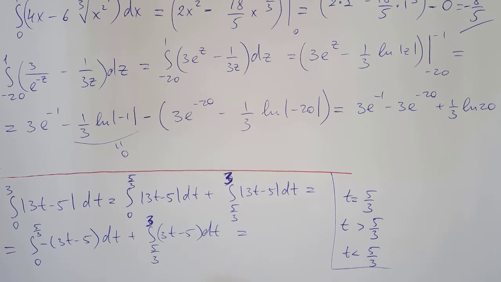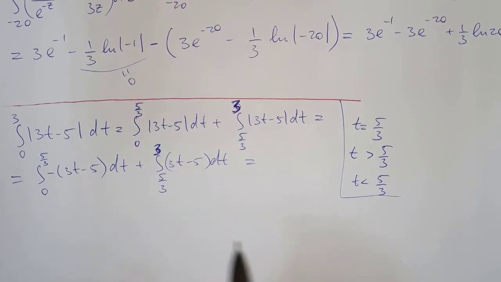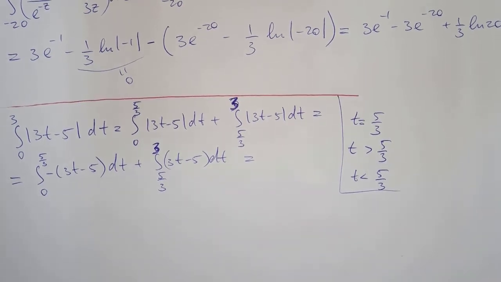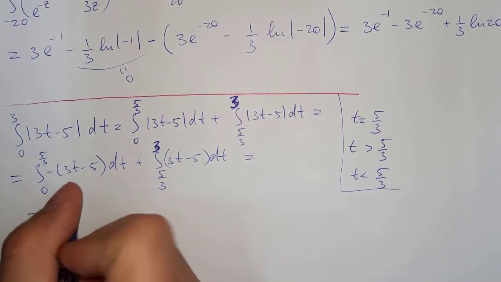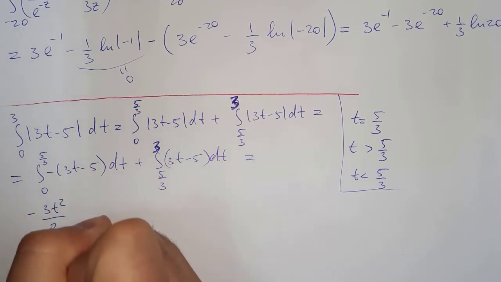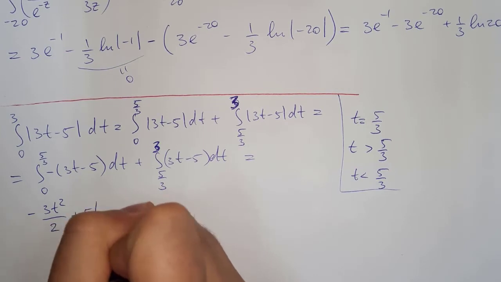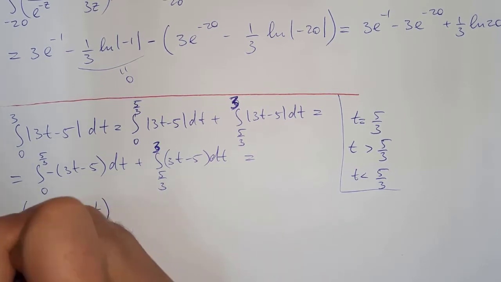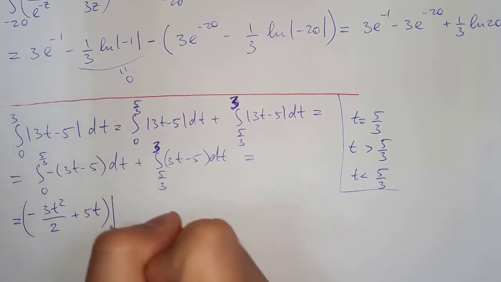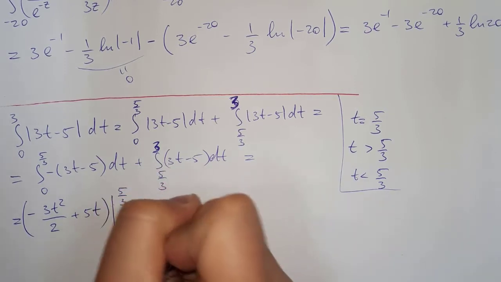It will be now minus 3t squared over 2 and plus 5t on the interval 0 till 5 over 3.